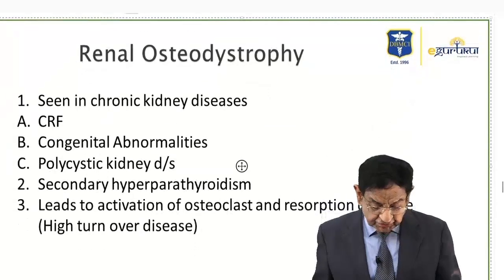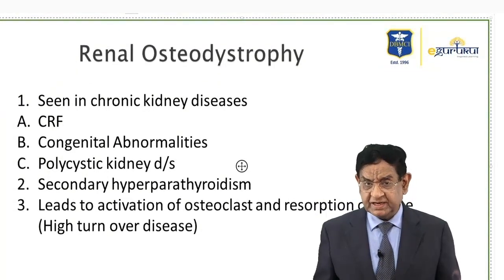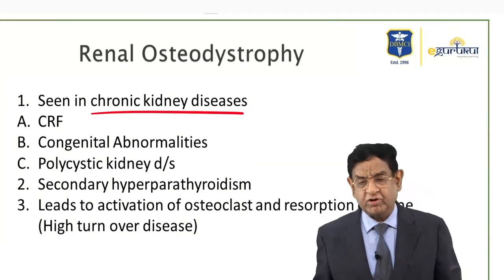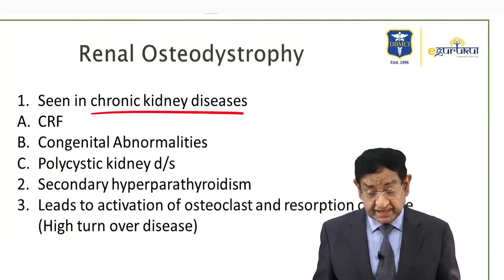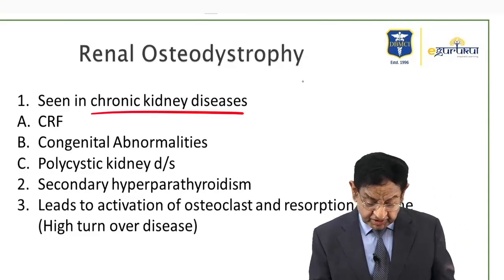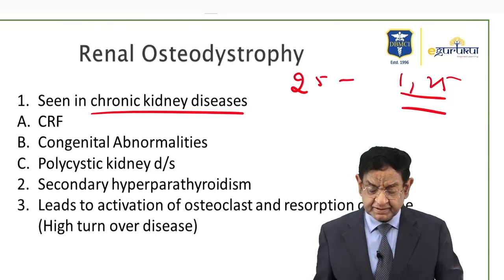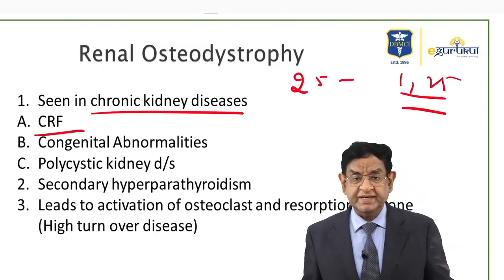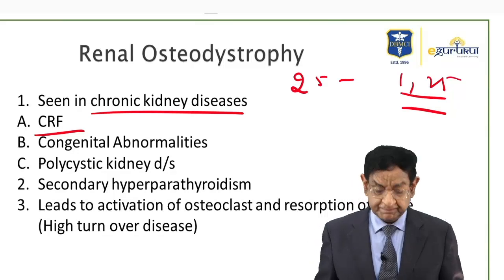Renal osteodystrophy, the point which I discussed earlier, however, a brief, this occurs in conditions where we have chronic kidney disease. And do I need to tell you that it will hamper conversion of 25 to 1,25, hydroxylation will not happen. Okay, so this can happen in chronic renal failure in children due to whatever cause it may be.